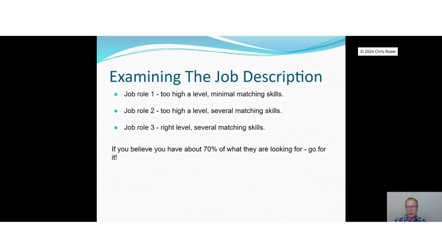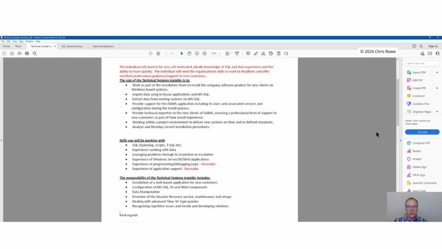So the first job role that I went for was obviously a very high level for what I was bringing to the table, and I had a minimum of skills matching the job description. So let's check it out. Here we go. The role itself was advertised as a technical systems installer.